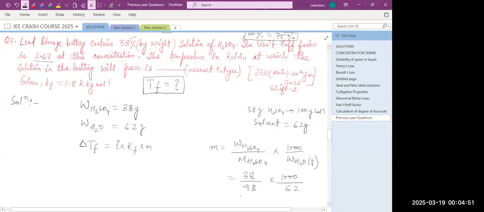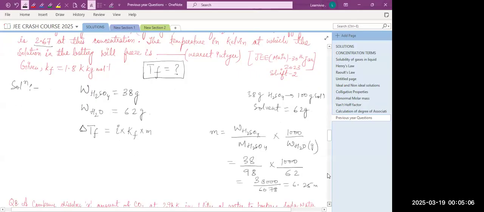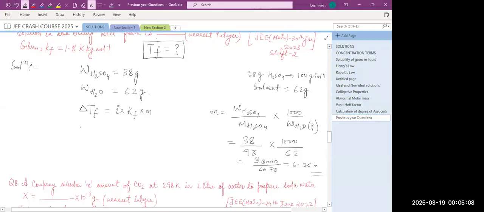Now calculate it: 38,000 upon 6076 gives you 6.25 molal.